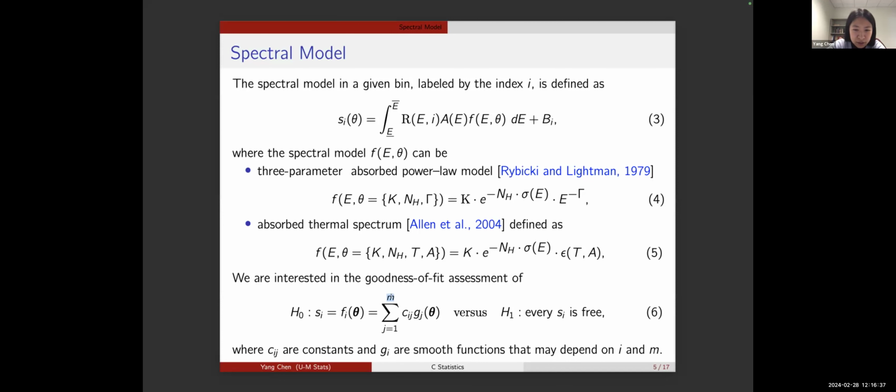Number of components, isn't it? M is supposed to be the number of beams, right? So the number of energy beams, because it's used to approximate this integral. Right, but has it been settled by looking at the data? They're usually set ahead of time.